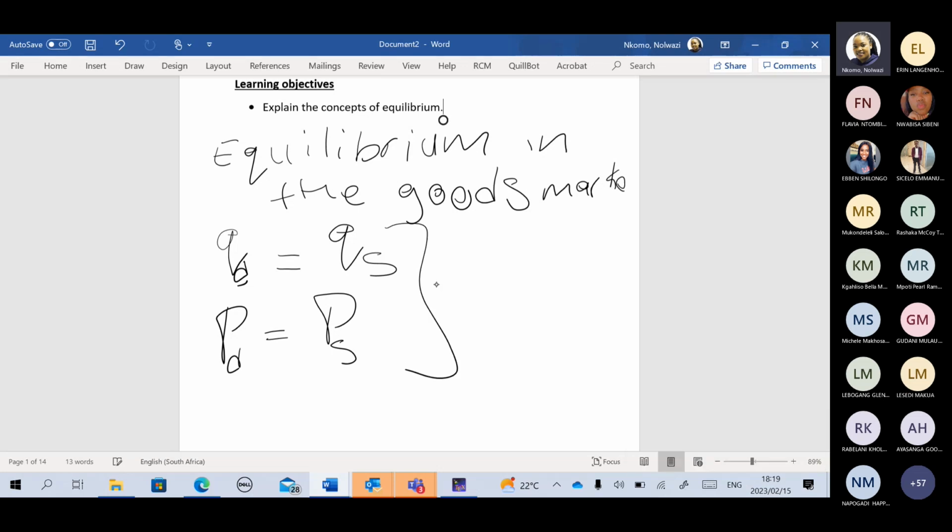If we have these two cases, then we say the market is at equilibrium. It's either this one, or both of them.